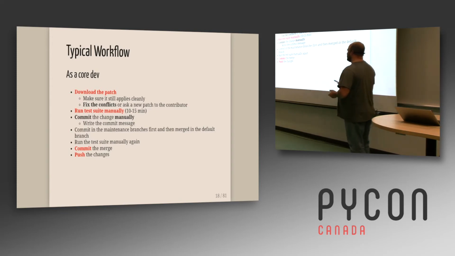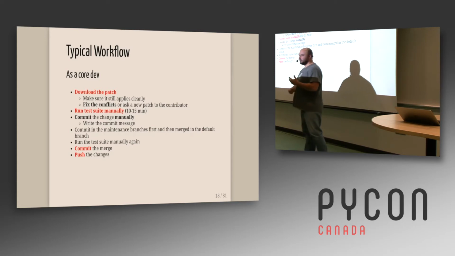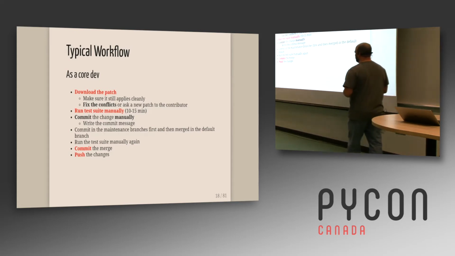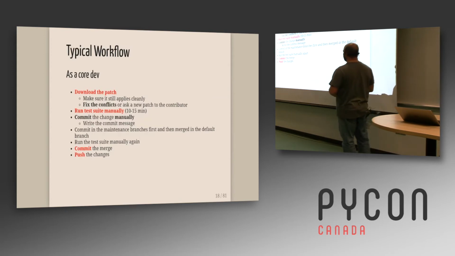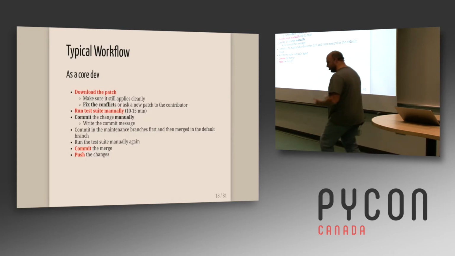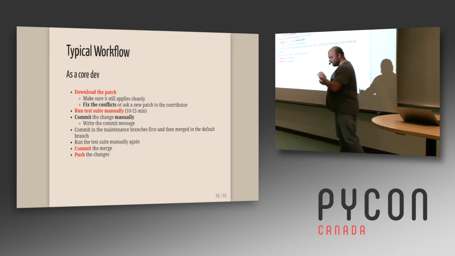We have to commit the change and write a commit message. So, do you start to understand? That's very difficult, just for the workflow. And for the rest, we have to commit in the maintenance branch first, and then merge in the default branch, of course, run the tests again, commit the merge, and push the changes, okay? That was in the past.